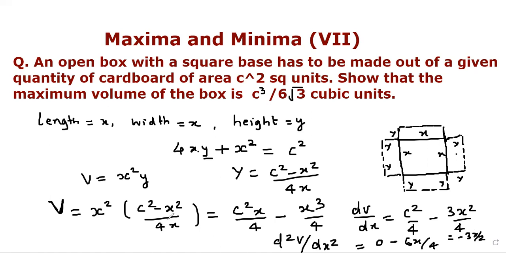Now for maxima or minima, the derivative must vanish, that is dV upon dx must be equal to 0.